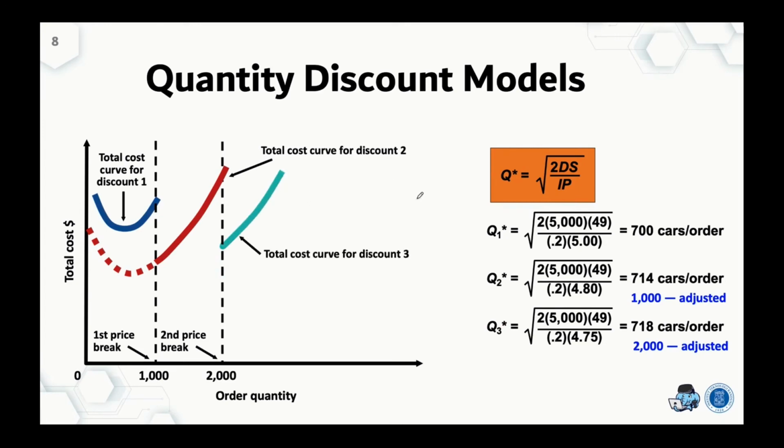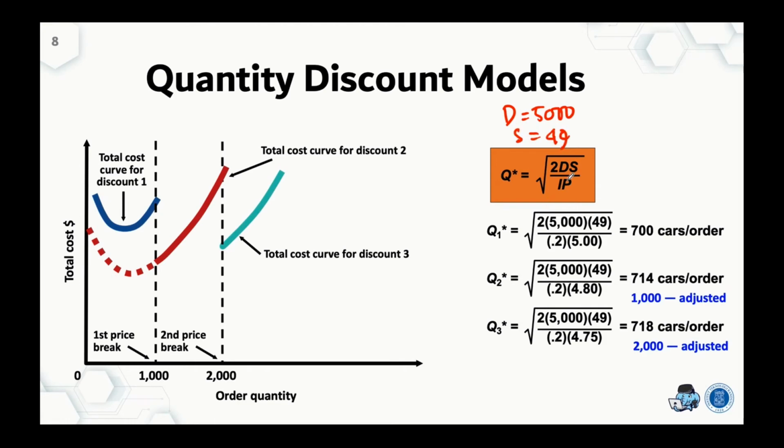Okay, in the previous example, we have the structure like this. When we purchase an order of about 5,000, D is equal to 5,000 in this case, and S is equal to 49.